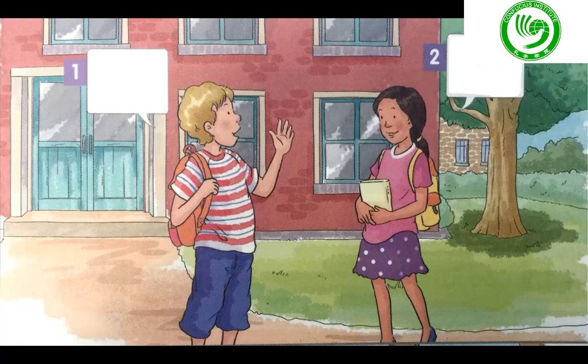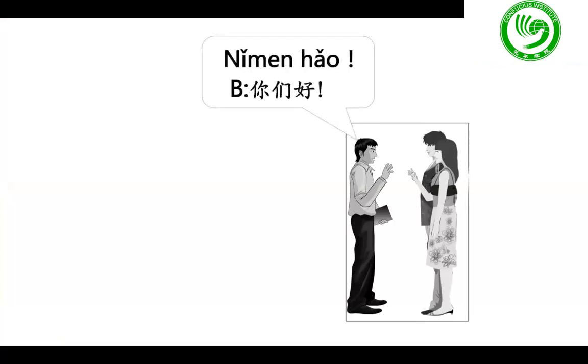What do they want to say to each other? They are greeting each other. They want to say 你好. Okay, look at this picture. They are also greeting each other. When they say 你好 to him, it is a little bit different.